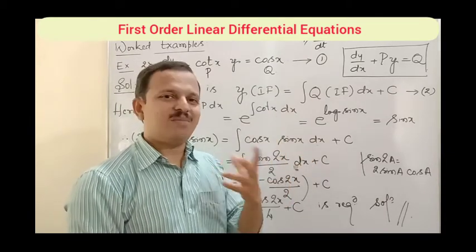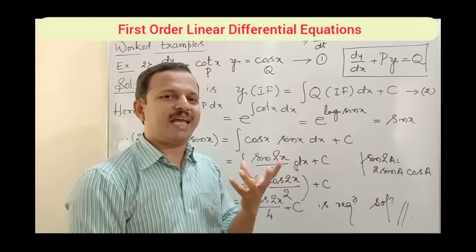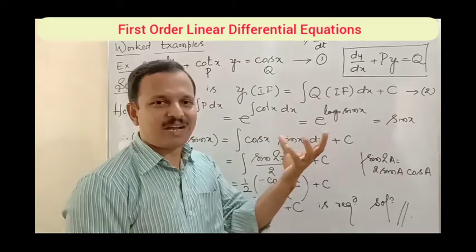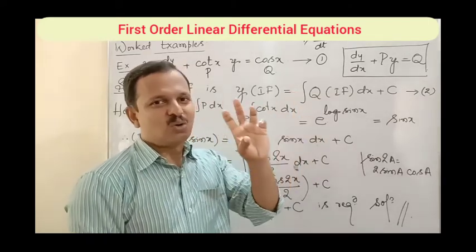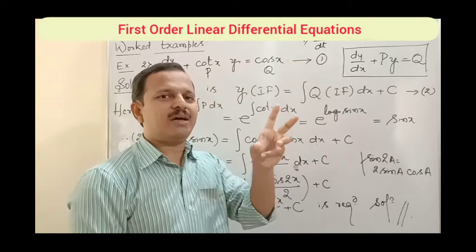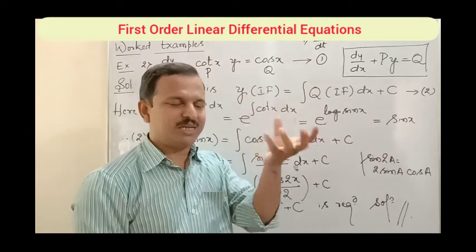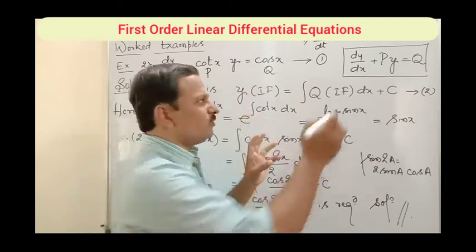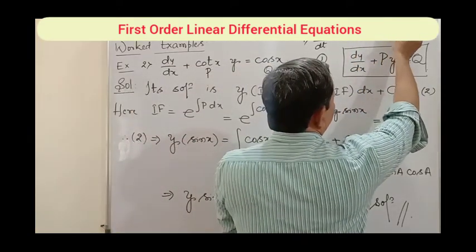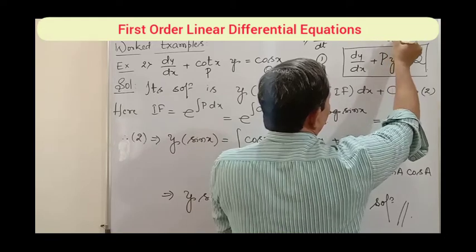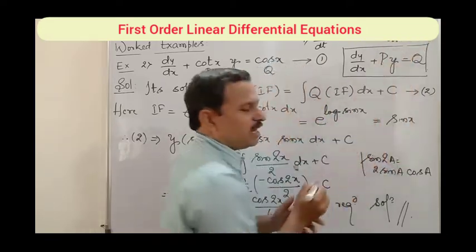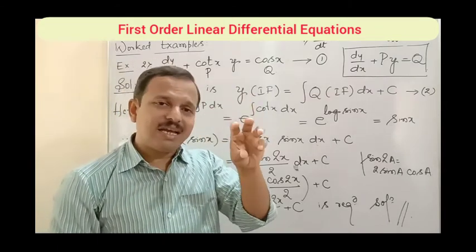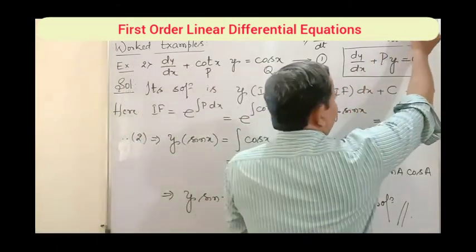Similarly, if we consider the law of decay or law of growth, that is rate of decay or rate of growth, according to the law of nature, the rate of change of any quantity, for example the rate of change of y with respect to time, is always directly proportional to the quantity at any instant of time, that is the same quantity y.